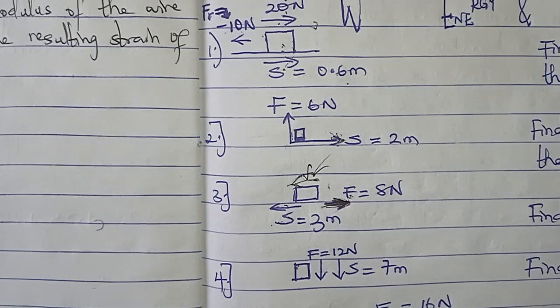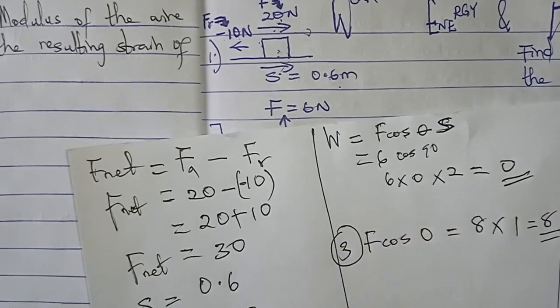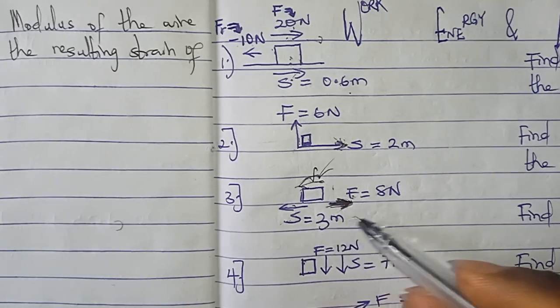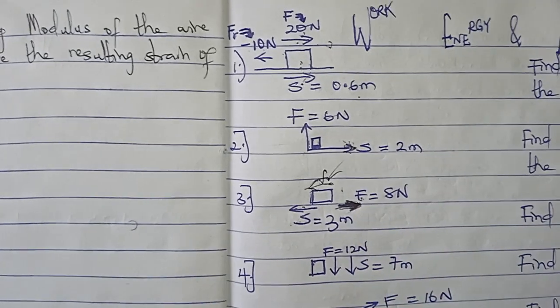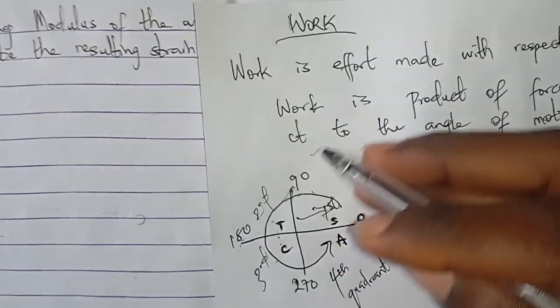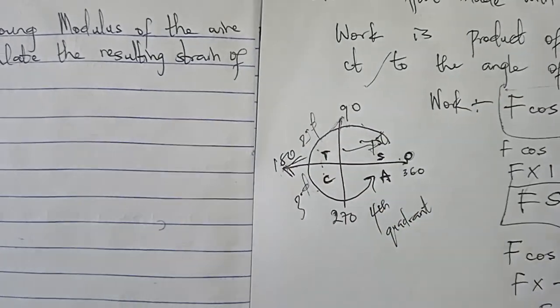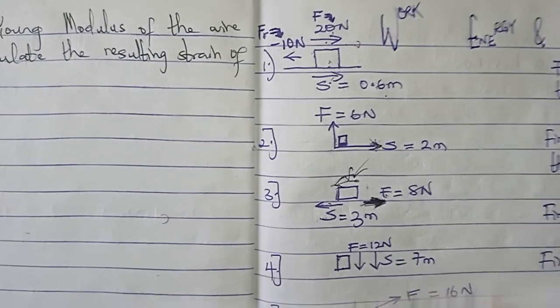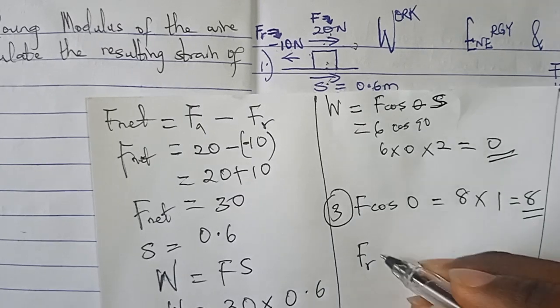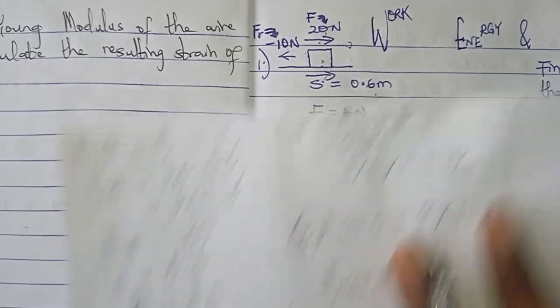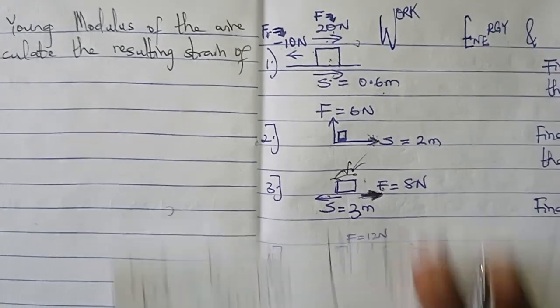So to calculate the work done by friction, we will simply say Fr. And notice that it's going in this axis, and this axis, according to our quadrants, is 180. So the force there is at 180, F cos 180, then times the displacement, which is 3.